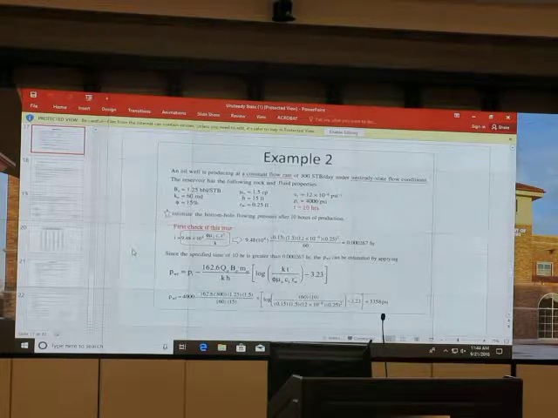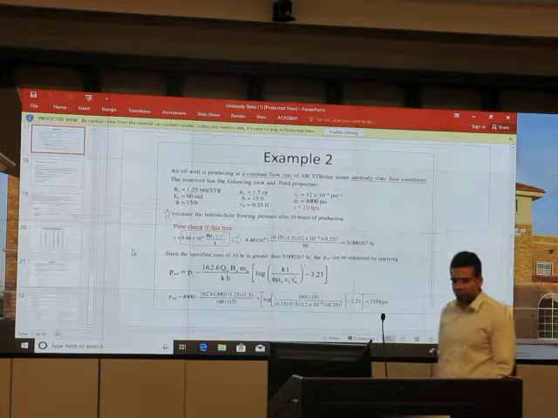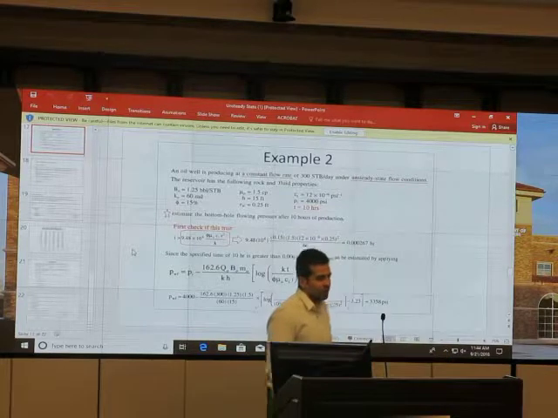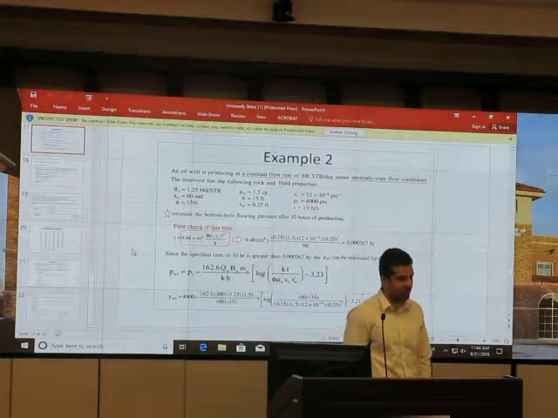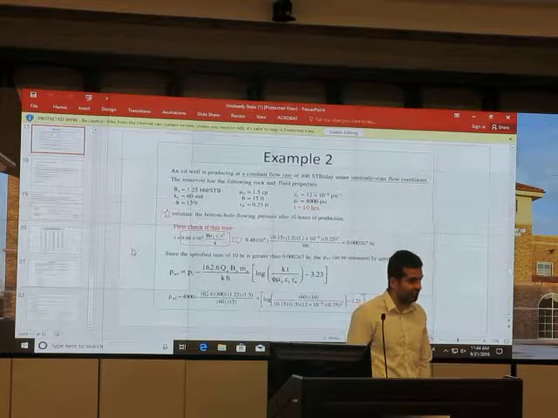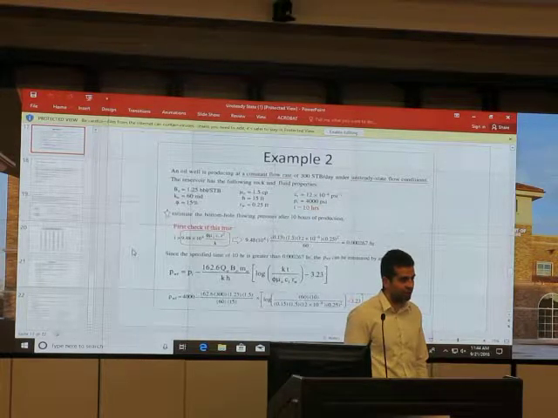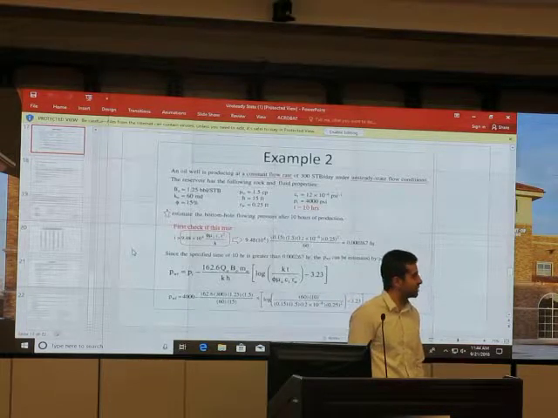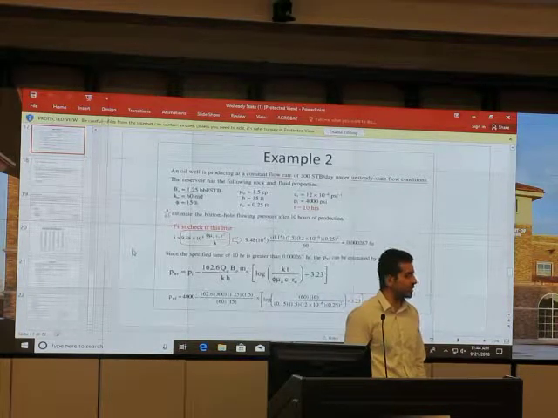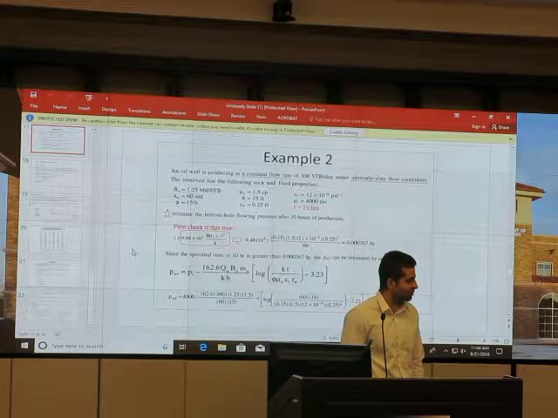It was Vogel? Okay. So you remember for the Vogel, you were required to have 1 point from actual data to construct your IPR curve. That's the point. So the Pwf is associated with that q that was given. Okay.